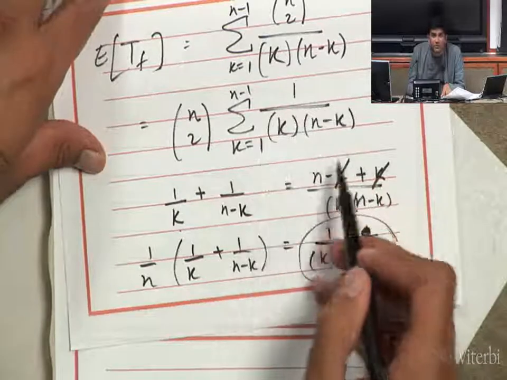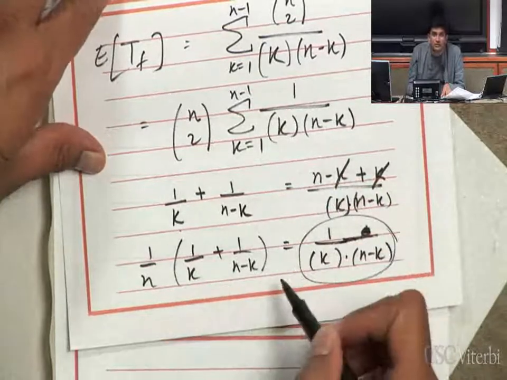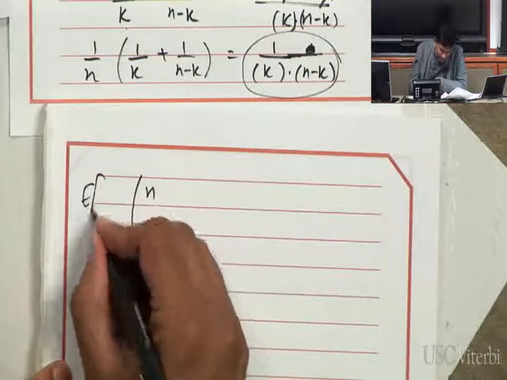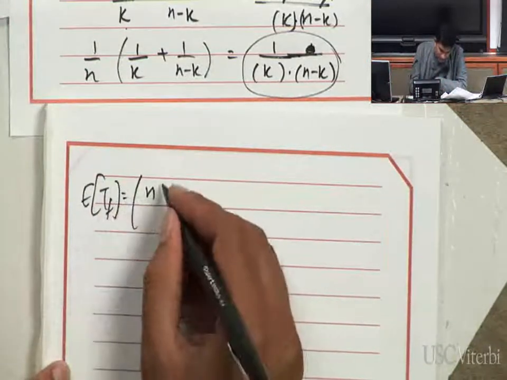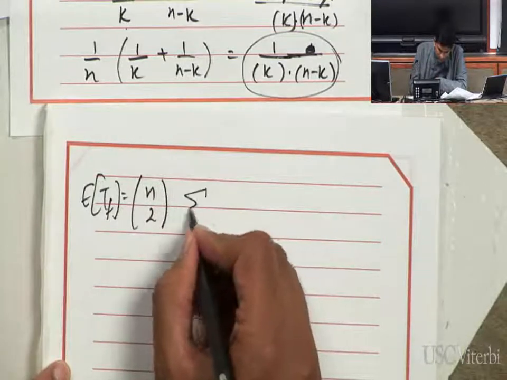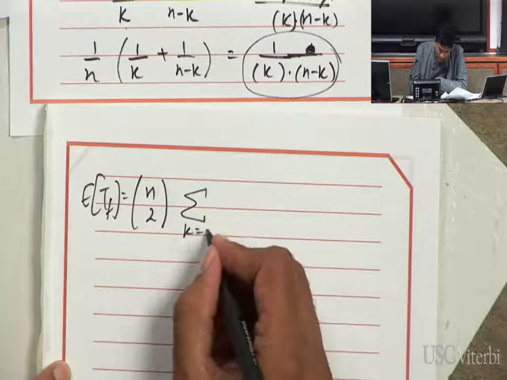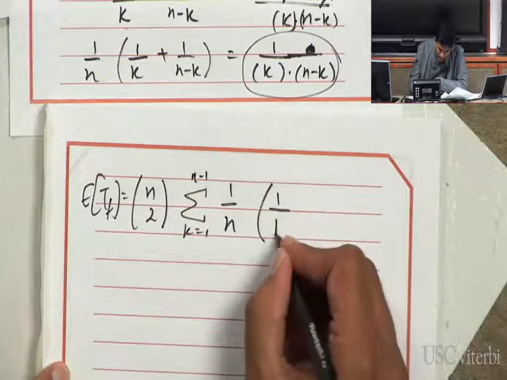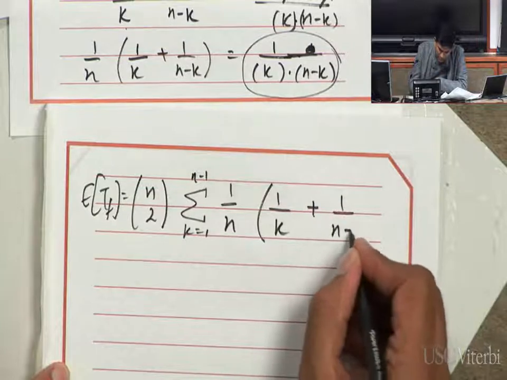So we can substitute for this expression down here, and the expected flooding time would become n choose 2 summation 1 over n, 1 over k plus 1 over n minus k.